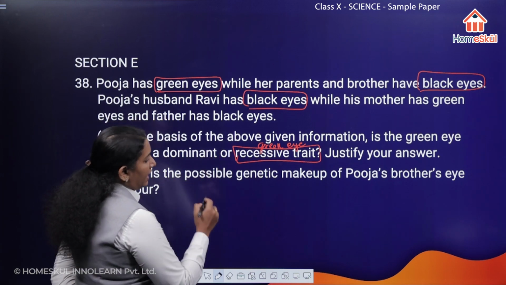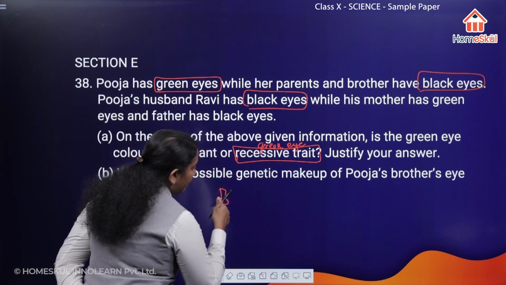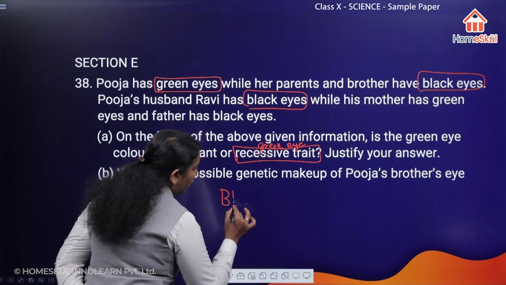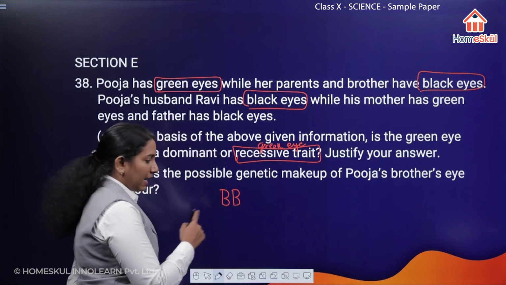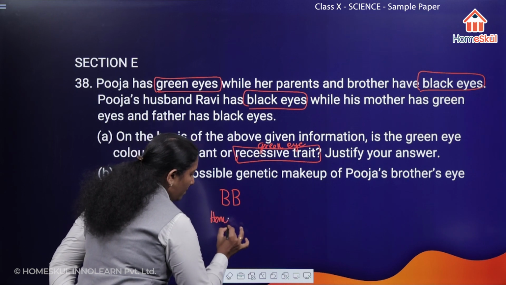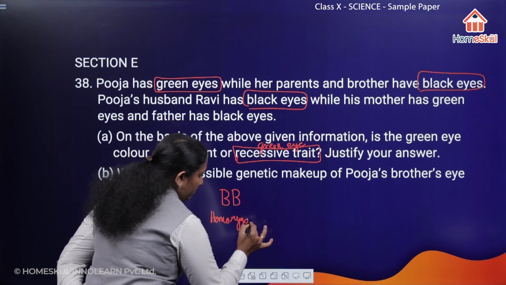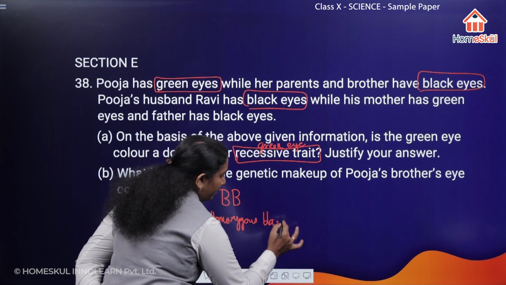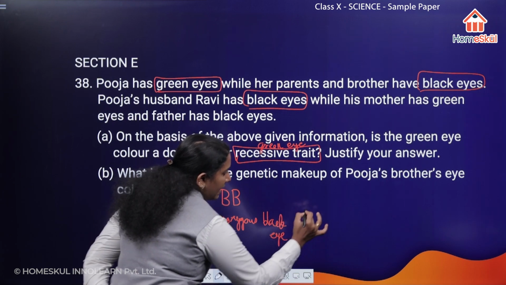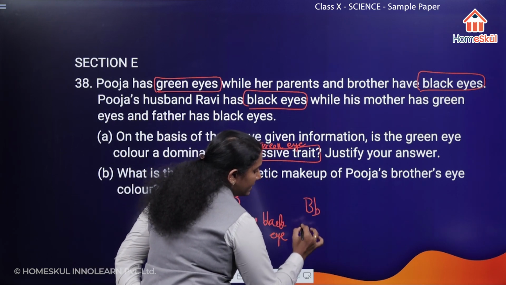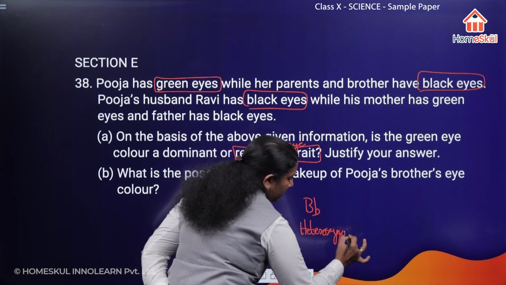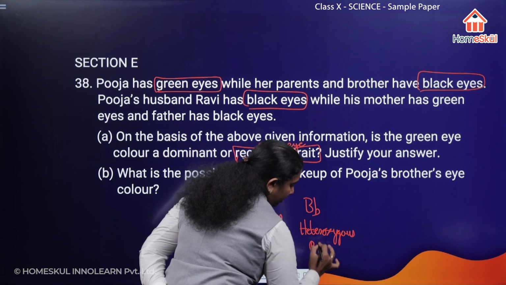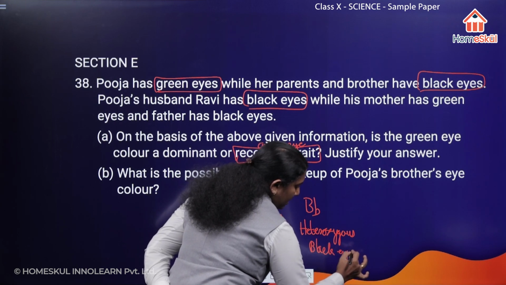If we take black eyes as capital B, the genotype capital B capital B is homozygous black eye, and capital B small b is heterozygous black eye.